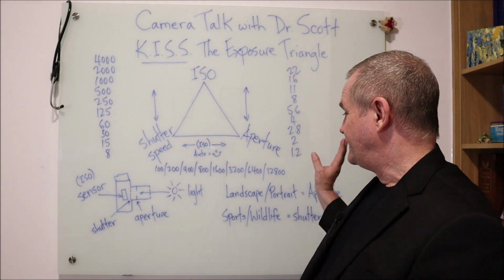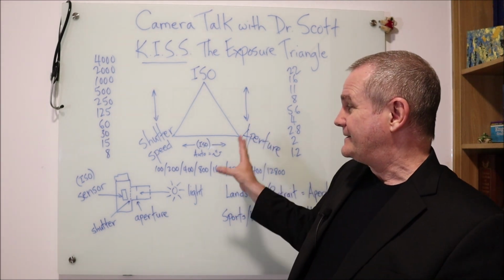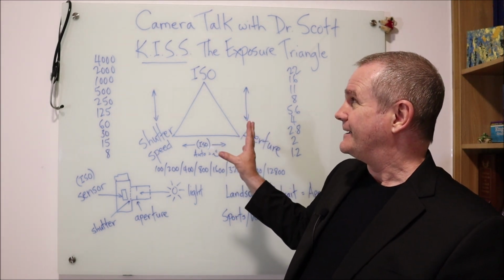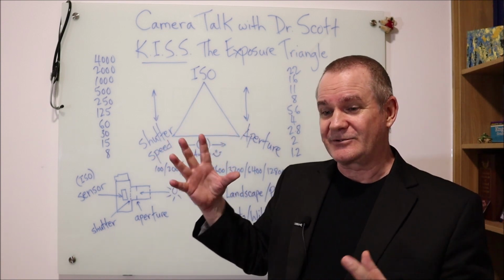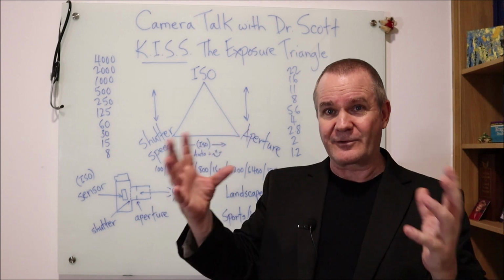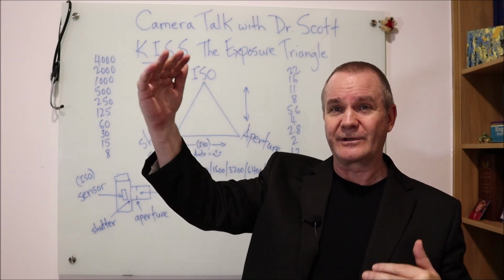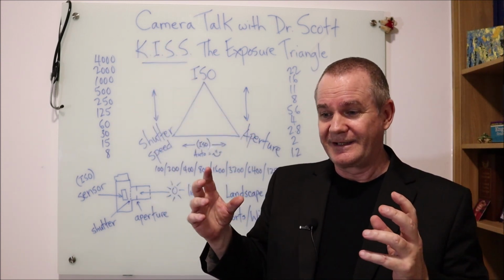So that's really, in a nutshell, what I want to get to about the exposure triangle, and about trying to balance your photograph in the best way possible so that it's not overexposed or underexposed.